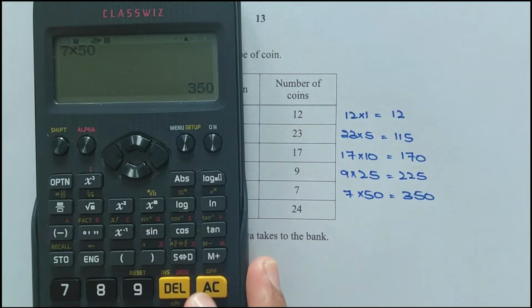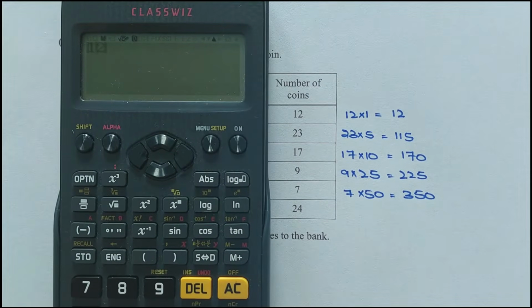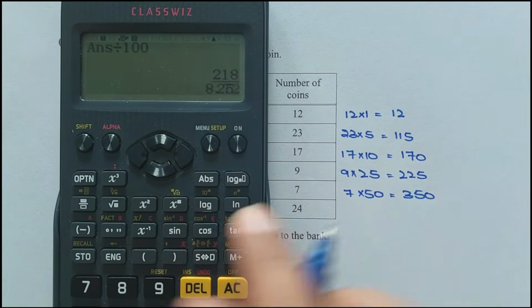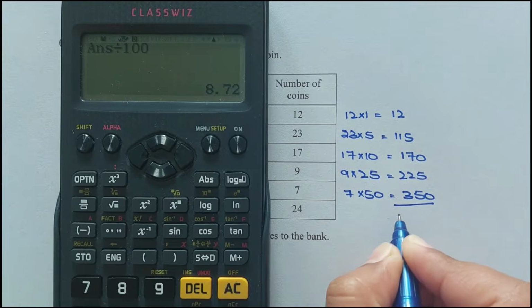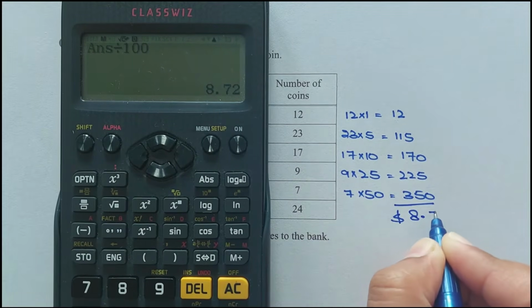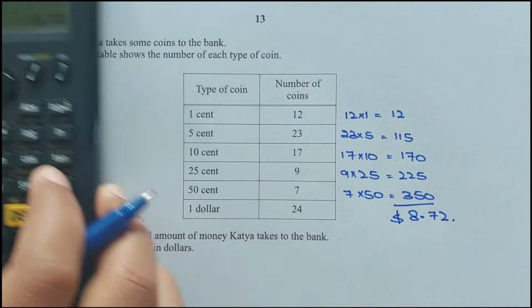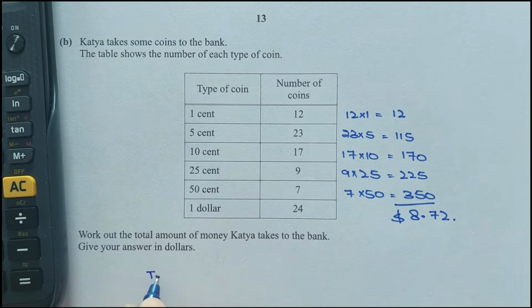So first we need to count the total number of cents: 12 plus 115 plus 170 plus 225 plus 350. Then divide by 100 to get the answer in dollars. So this is $8.72, right?